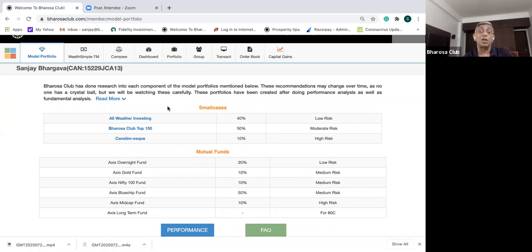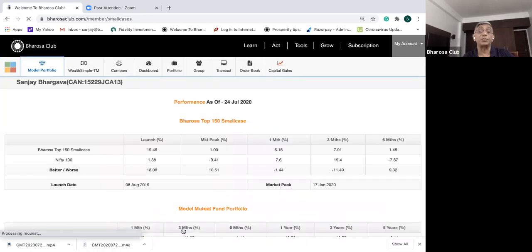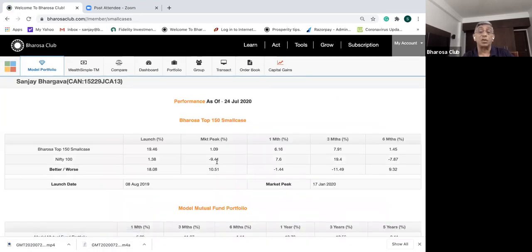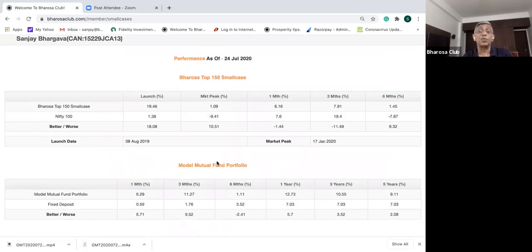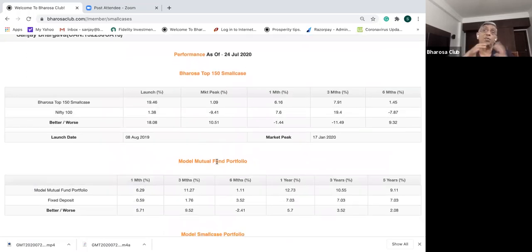Okay. So with this, let us see how the model portfolios have done. So let's go to the performance page. The first part of the performance page is really just the Bharosa Top 150 Smallcase, which is a component of the Smallcase portfolio. So we won't spend time on that, but you can look at it yourself.